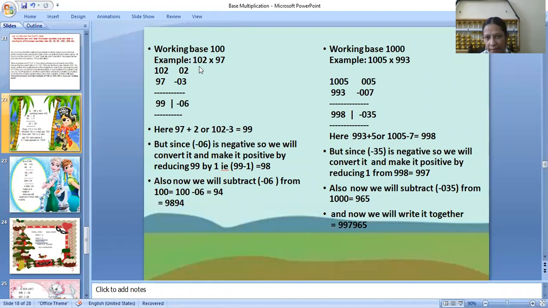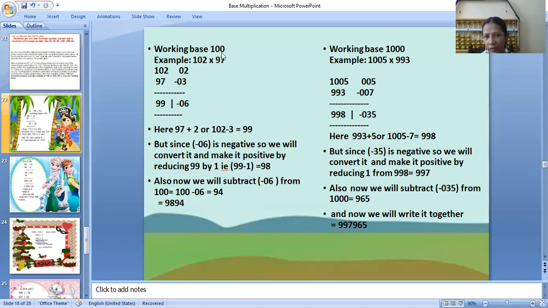In this example, 102 is more than 100 and 97 is less than 100. So if you do 102 minus 100, you will get 02, which will be positive and not negative. Next, if you do 97 minus 100, you will get minus 03. So this will be negative.